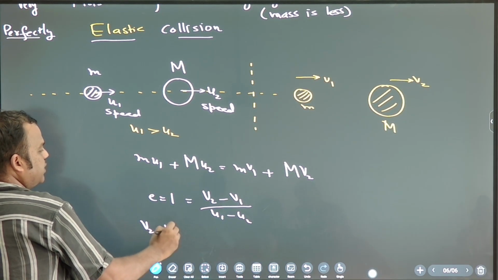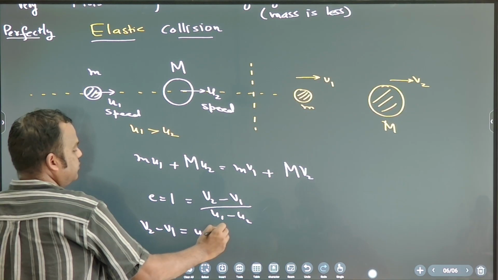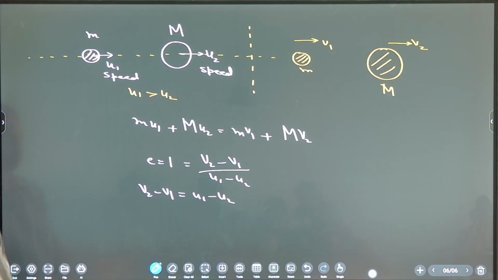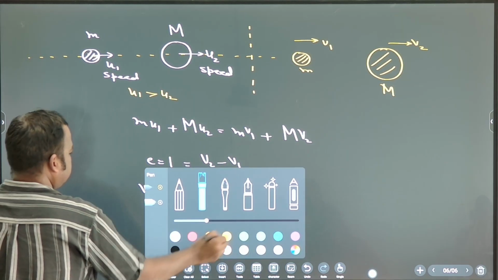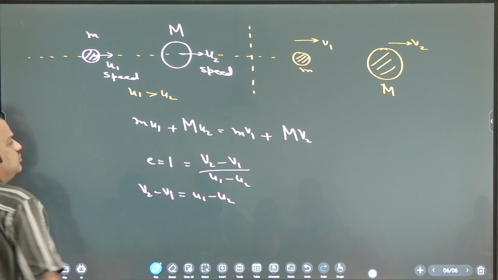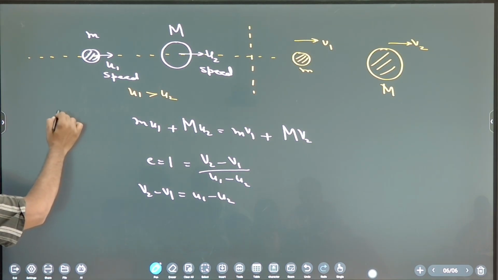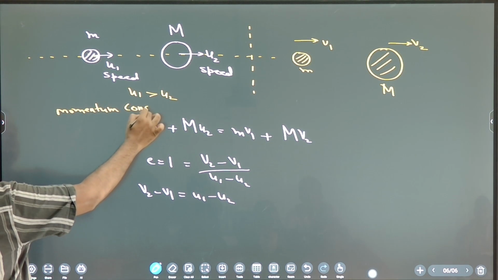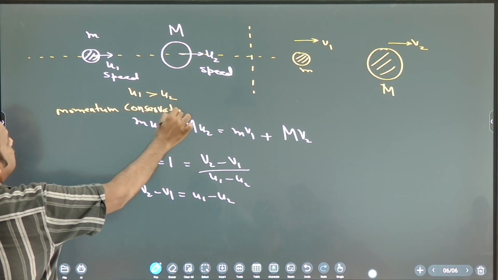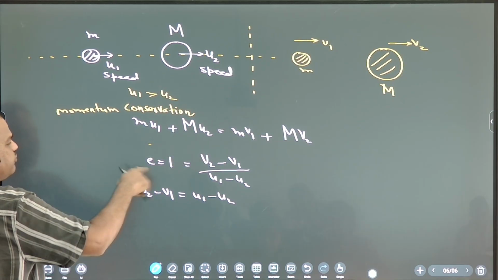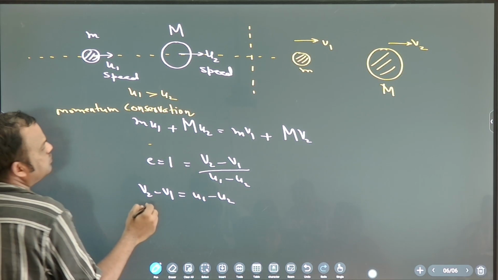So v2 minus v1 is equal to u1 minus u2. Now you have two equations: one from momentum conservation, and this one is the e formula, the coefficient of restitution.